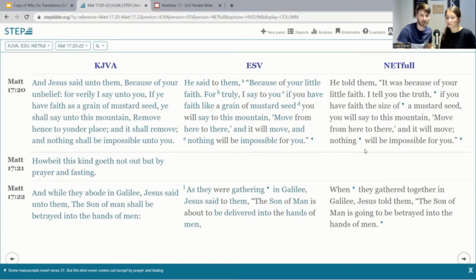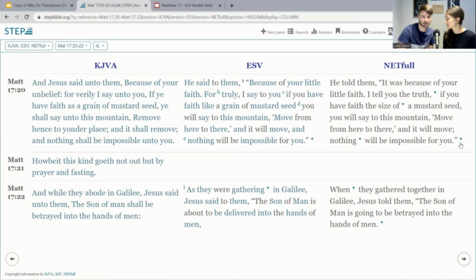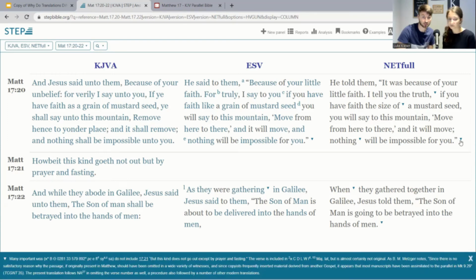The NET actually has really long footnotes that spell that out. Here, their footnote is a lot longer. They even tell you many important manuscripts, and they actually list them out. These are symbols for different manuscripts. You can go and look them up in books and Wikipedia, but most people don't want to do that.